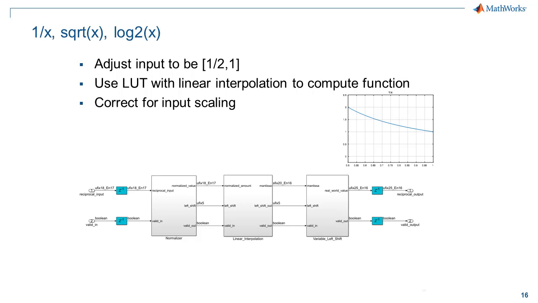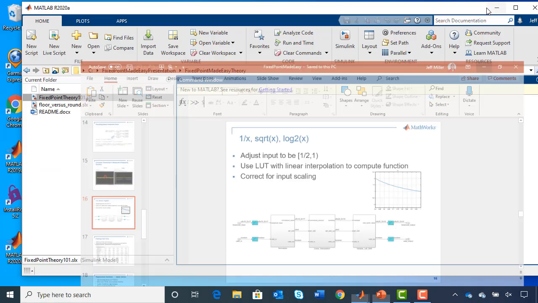So if you can, by shift arithmetic, which is effectively multiplying by powers of 2, scale the input so you're in between 1/2 and 1, do a lookup table with linear interpolation, and then correct back by the powers of 2. Okay, so we'll take a look at that applied to reciprocal.